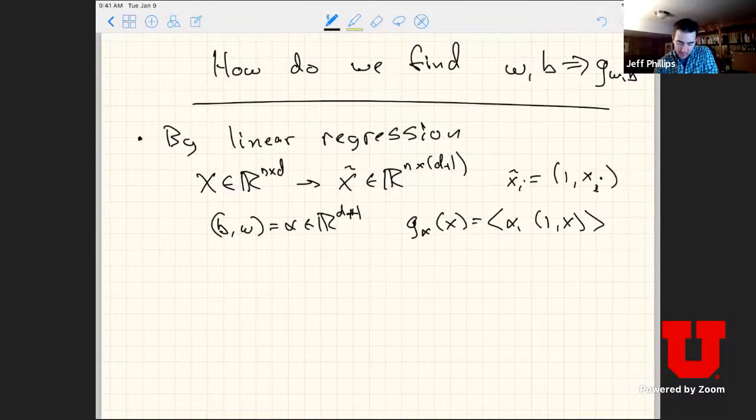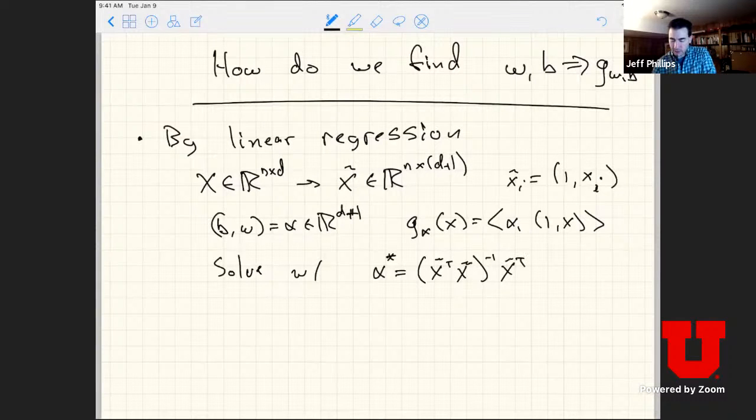Then we can solve for alpha star, some sort of optimal alpha. It's X tilde transpose X tilde, inverse, times X tilde transpose y.